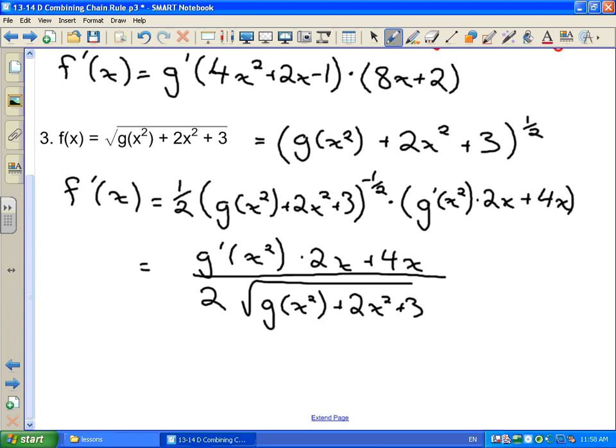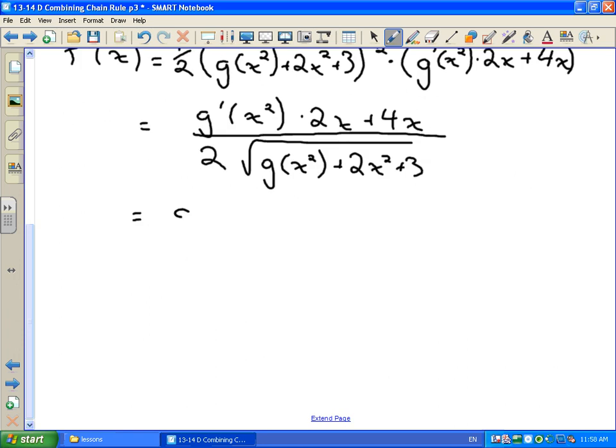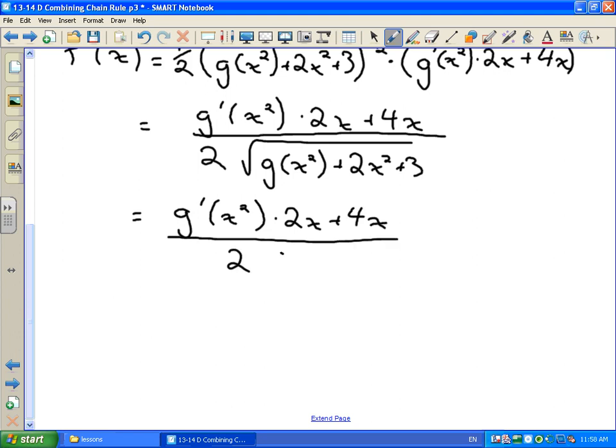Does that work? Okay. Now, if I wanted to get really fancy, what I could notice is that this thing right here is actually the same as my original function. So I could, if I wanted to, write this as g primed at x squared times 2x plus 4x, all over 2 times f at x, expressing my derivative in terms of the original function.